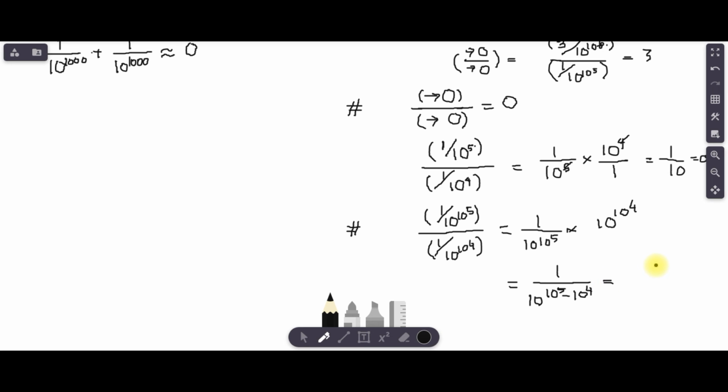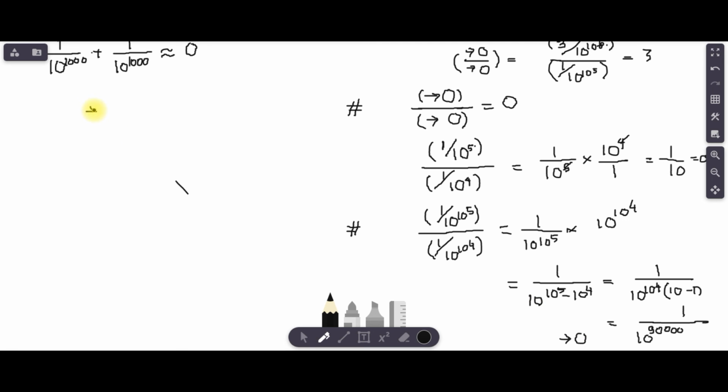So if you further calculate it and take 10 to the power 4 common out of it, I hope all of you understand. Here 10 minus 1 will be there, so it is 1 divided by 10 minus 1, which is 9, and there are 4 zeros, so it will be 90,000. So it's a pretty small number. So if you see, this is also tending to 0.